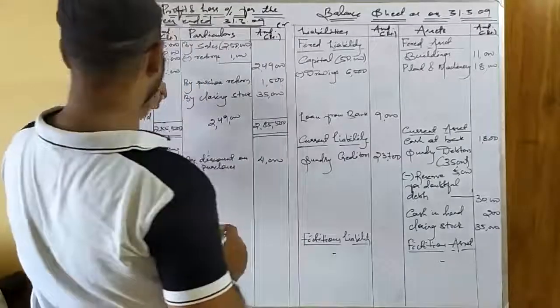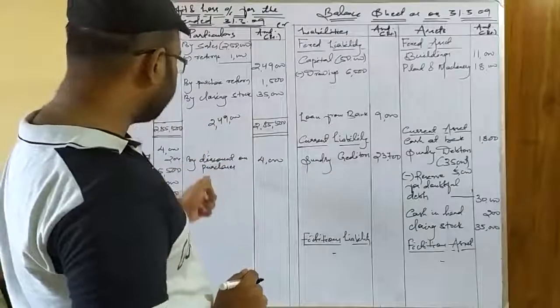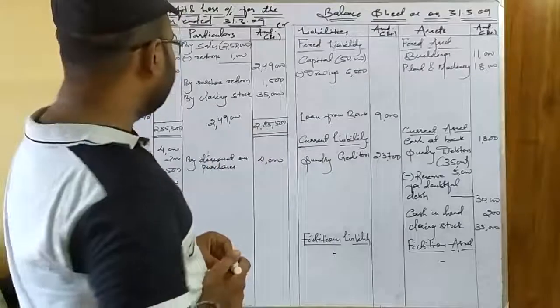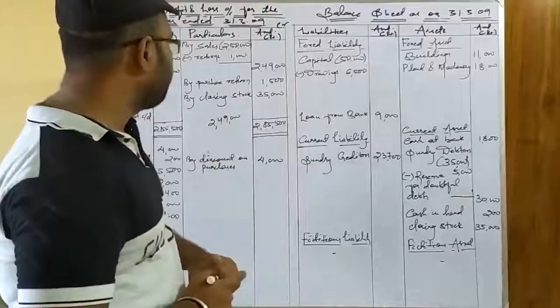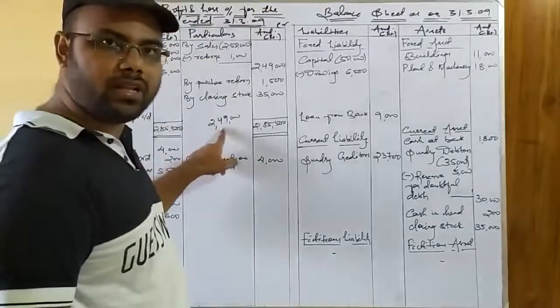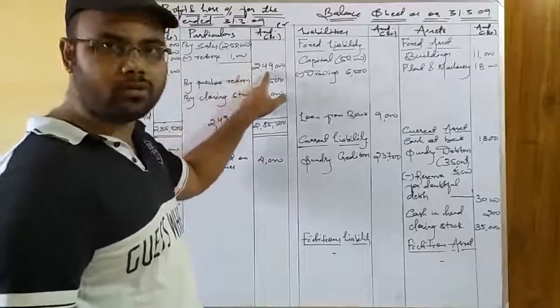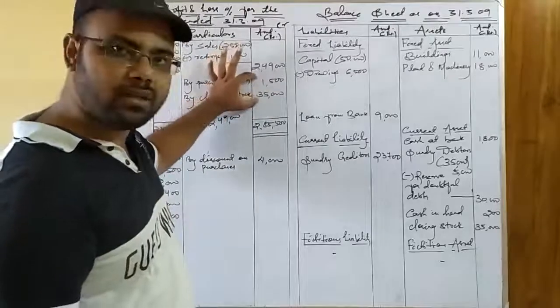Okay, so we are getting the total of the debit side as 2,49,000, and when we subtract this from 2,85,500, we get this answer. See, it is very easy. The total of the debit side is 2,49,000, and the only sales amount is 2,49,000. So can we say without subtraction that the total of these two is the gross profit?